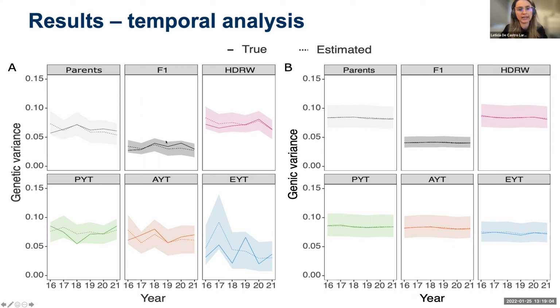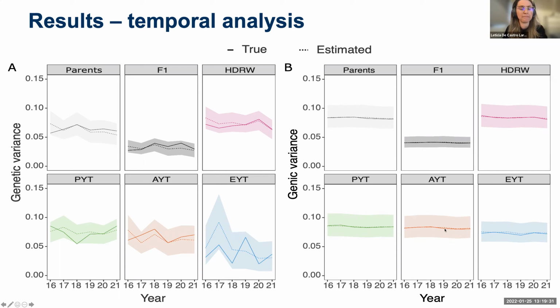So the method seems to be working well for temporal analysis using genomic data. We can also see that most of the change in genetic variance over time is largely driven by changes in linkage disequilibrium and not in genic variance, because genic variance was quite stable over time.